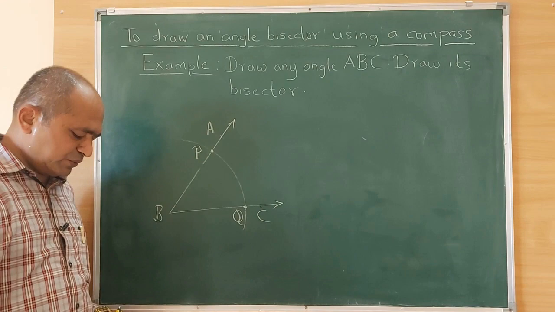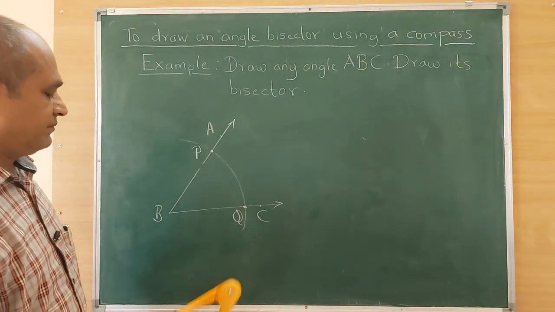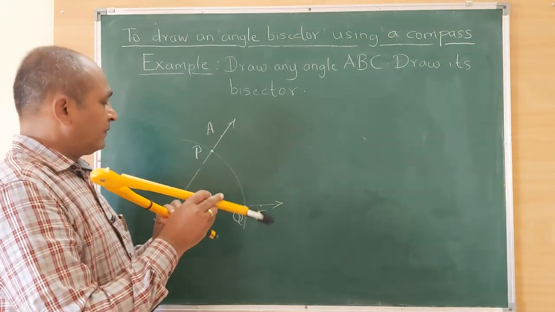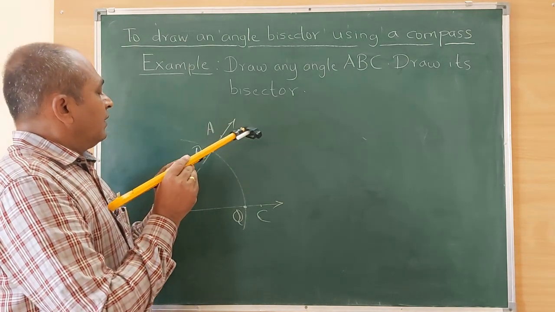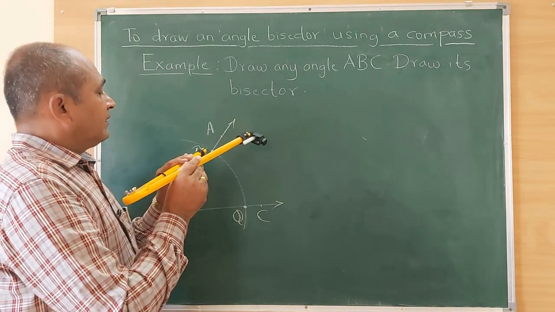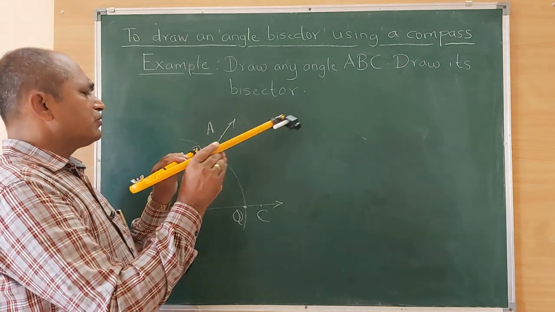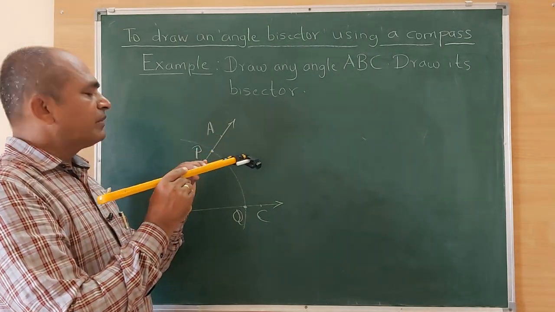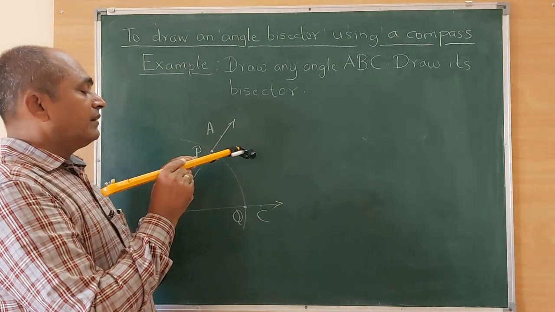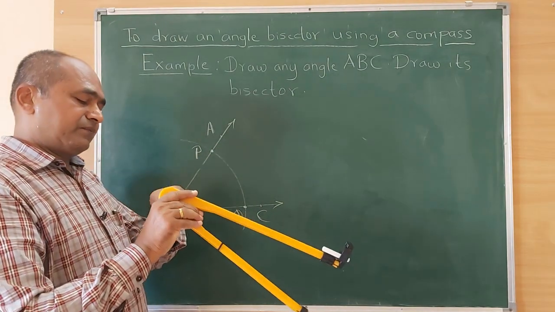So I will name this point as point Q. Now again I have to use this compass, again by taking a convenient distance. When I say convenient, it should not be too big, it should not be too small.